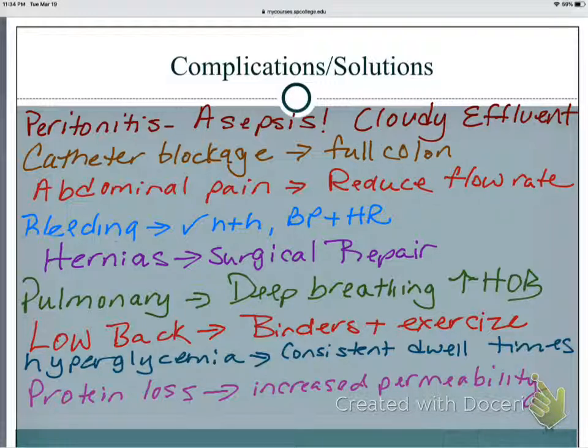They just go through the membrane into the drain, so you lose that protein. That's plasma proteins, with dialysis in general. But with peritoneal dialysis, you do lose some protein through the membrane. As that membrane gets more permeable, you lose more protein.